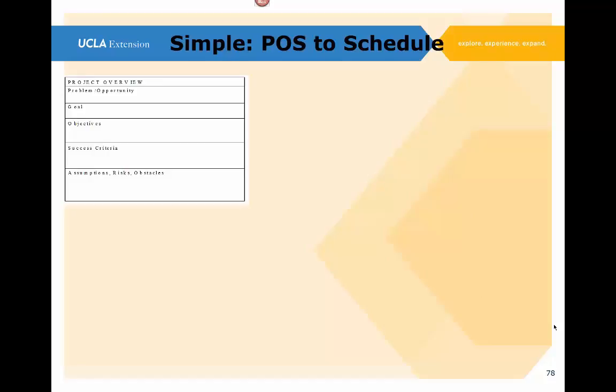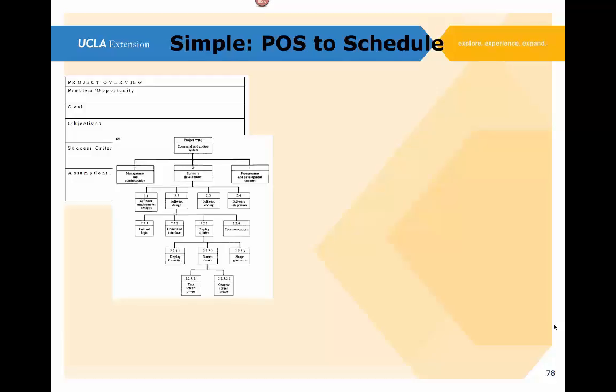I start out with the project overview statement, which is a single page, has the problem opportunity on it, the goal, which is the goal of the project, and then the objectives which we achieve, like milestones on the road to the goal, what our success criteria is, and then any major assumptions, risks, and obstacles, really at the high level, the initiation stage, the planning stage.